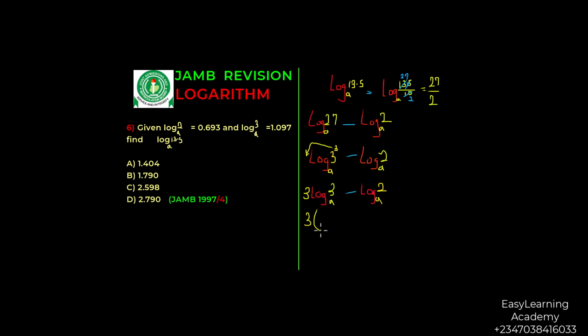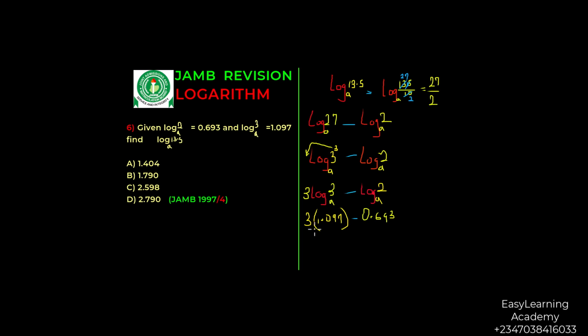The value of log 3 base a is 1.097, and that is going to multiply the whole of that, and we subtract the value of log 2 base a, which is 0.693.